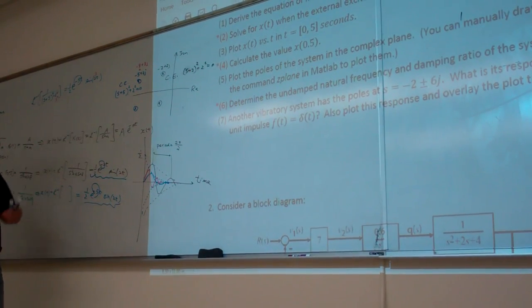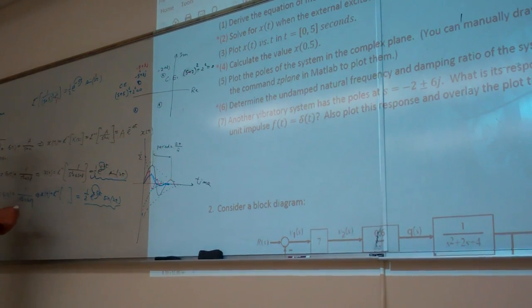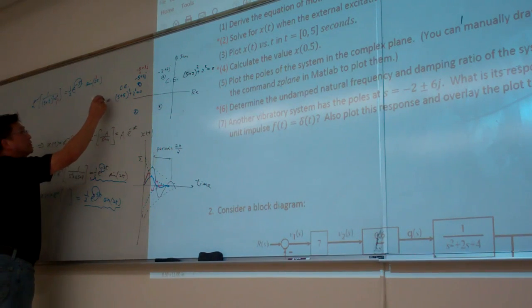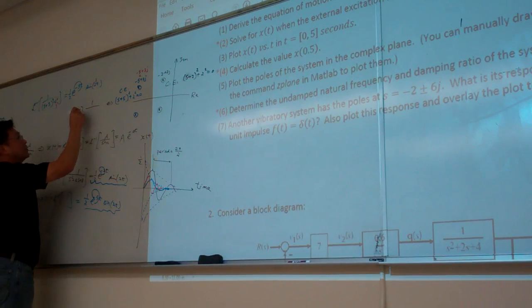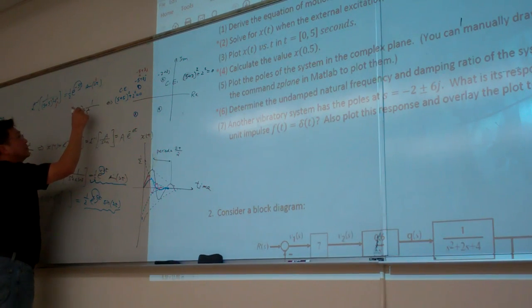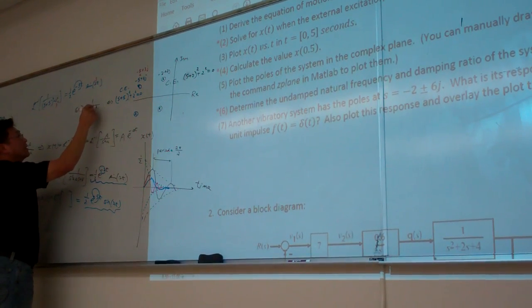Once you have a characteristic equation, you can go backwards, which means G(s) will be equal to something over (s plus 5) squared plus 2 squared.